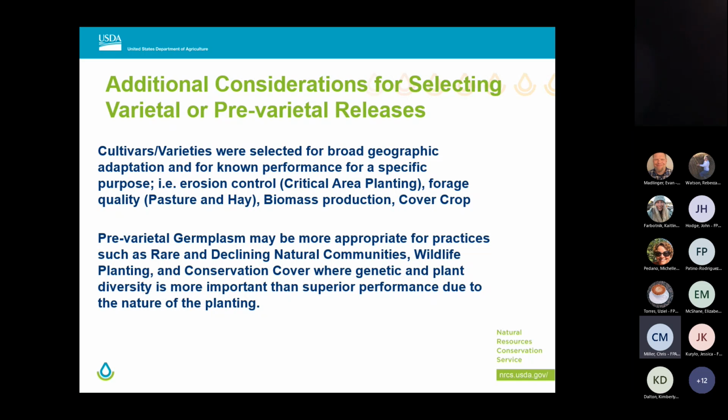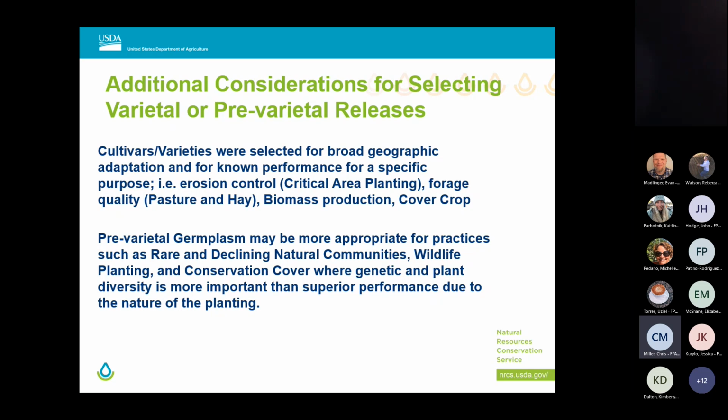That's where these cultivars really come into play. Because you have a known performance over a wide geographic area, and you know that whatever purpose they were selected for, they're going to perform well in that environment and solve that resource problem.